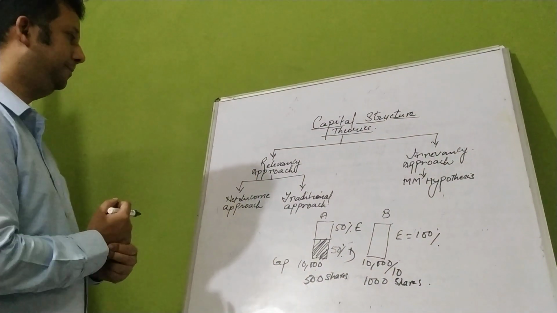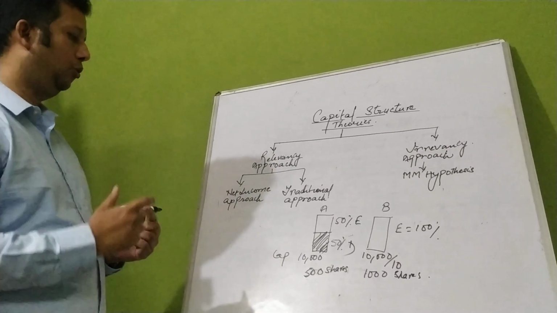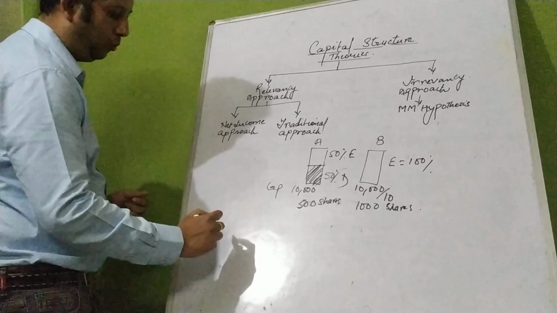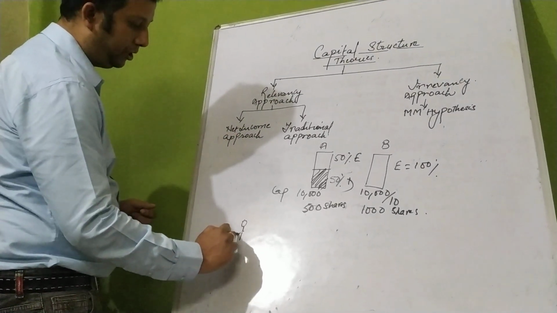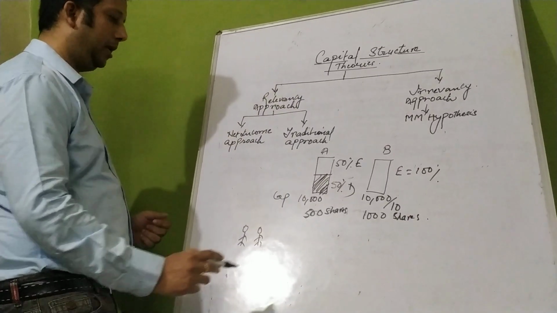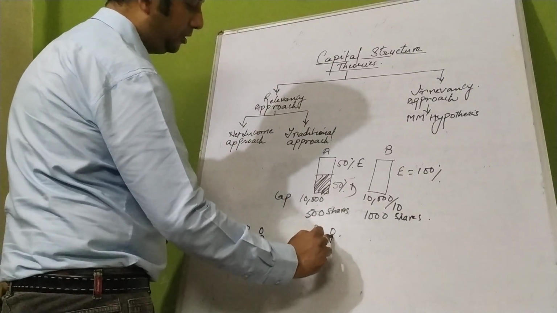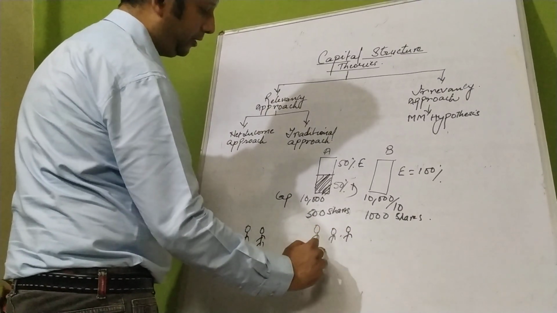Now let us consider two families. In one family there are only two children, and in the other family you have 5 kids.